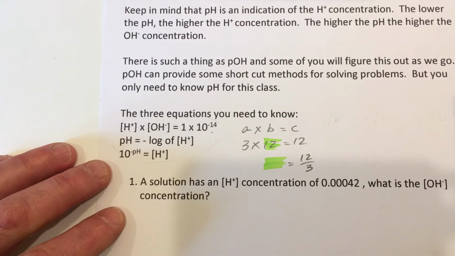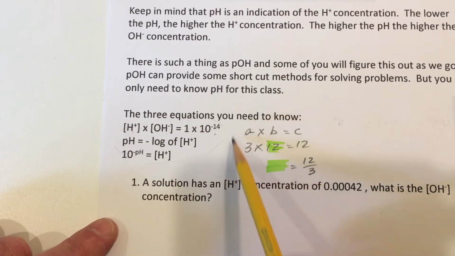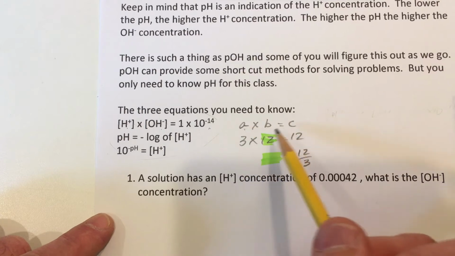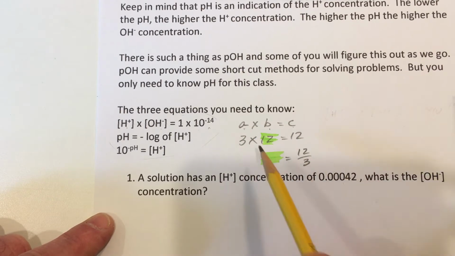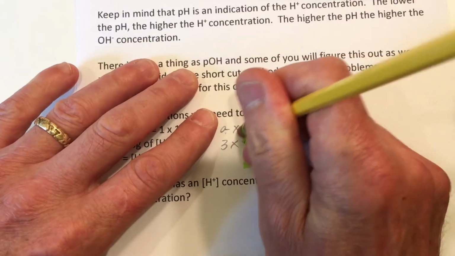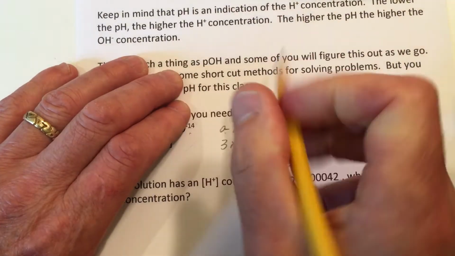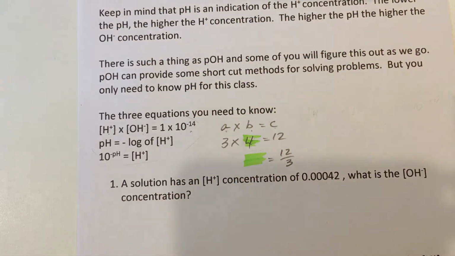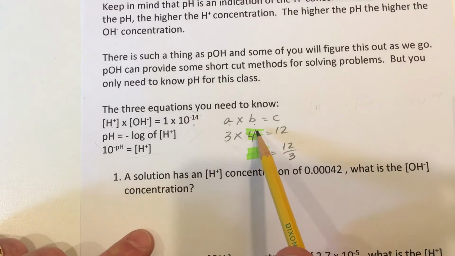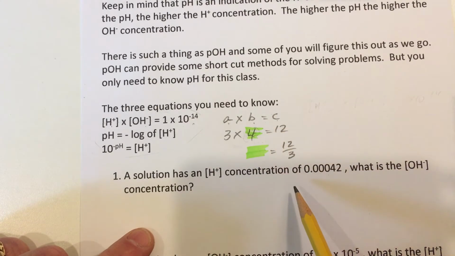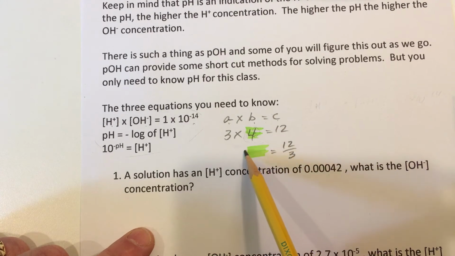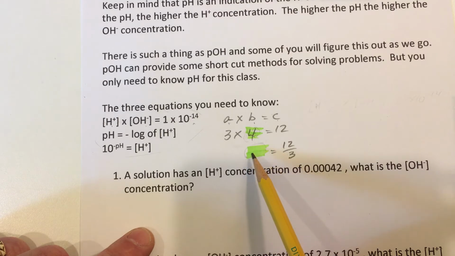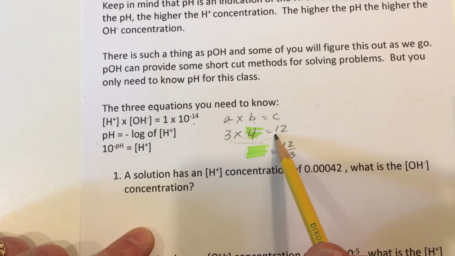Okay, so let's do a simple problem here. If A times B equals C, for instance, 3 times 4 equals 12. What is this number if we don't know it? Wouldn't we do, to find that number if we didn't know it, wouldn't we move this underneath over here?